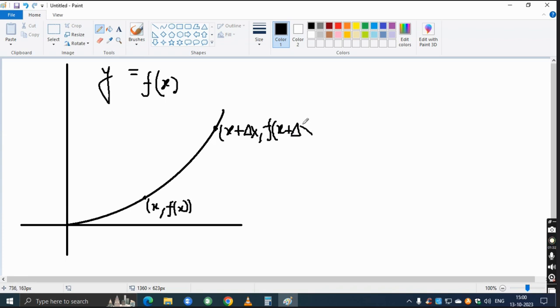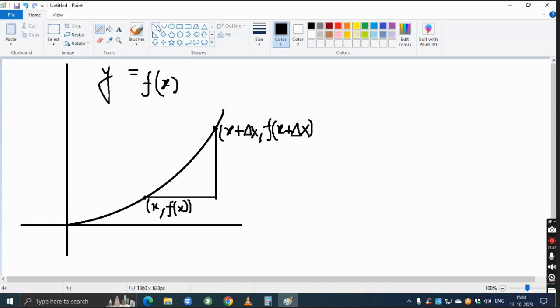Well, what does delta x mean? Delta x is nothing but the change in x. So if I need to represent delta x, this length is just going to be delta x.